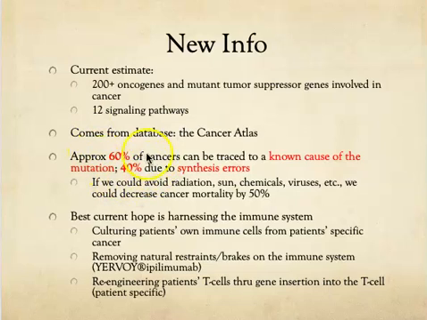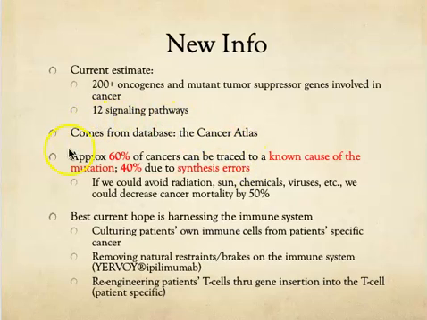And about 40% of cancers are simply the result of errors during DNA synthesis. 40% are arising out of simple errors that are made during DNA synthesis and are not caught during proofreading or not repaired.